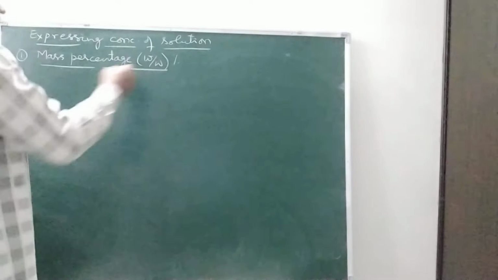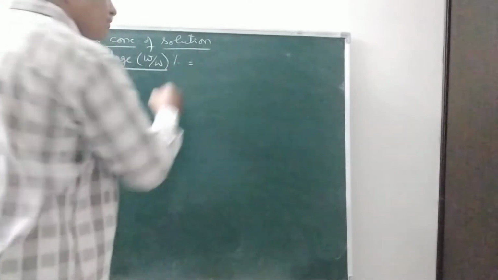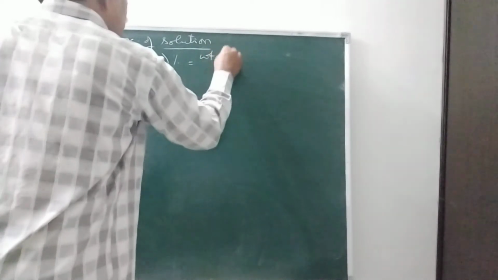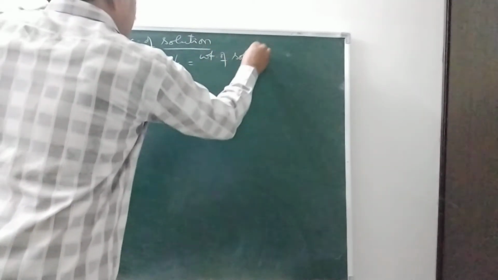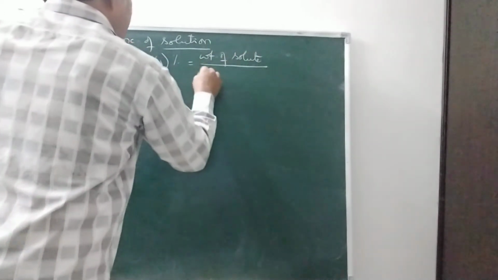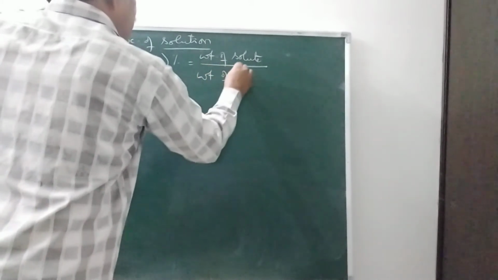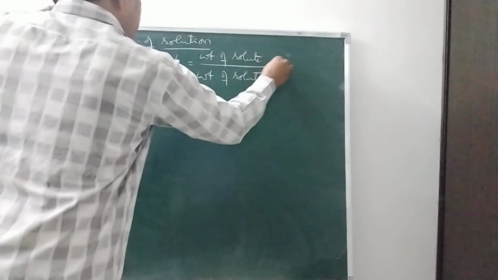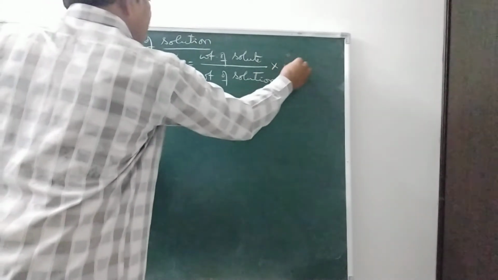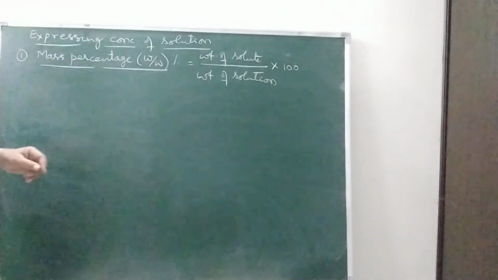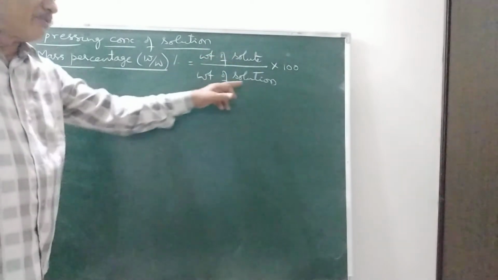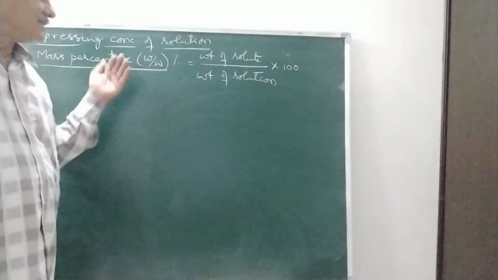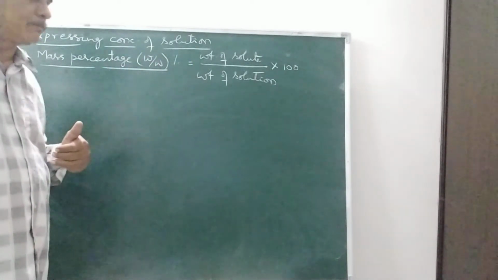So what is the formula for mass percentage of solution? It is weight of solute by weight of solution, into 100. So this is the formula for weight percentage.